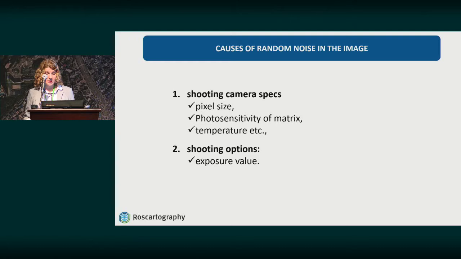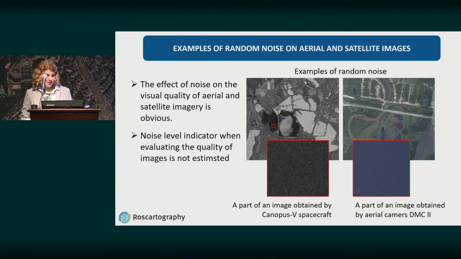There are several of them, and they can be broken down into two major groups. First, technical parameters of a camera, such as pixel size, photosensitivity of matrix, and temperature, a couple of others. And the shooting options, for example, exposure value.